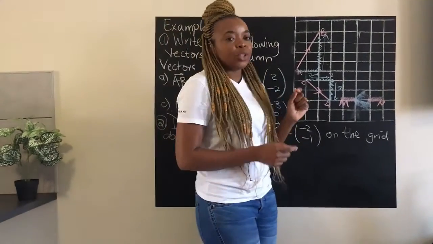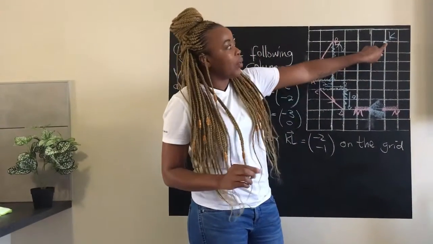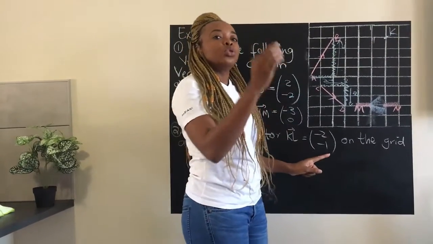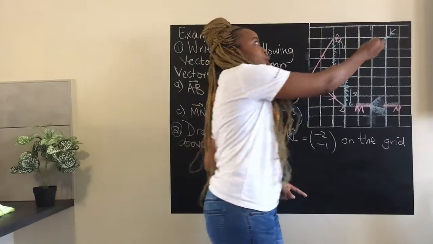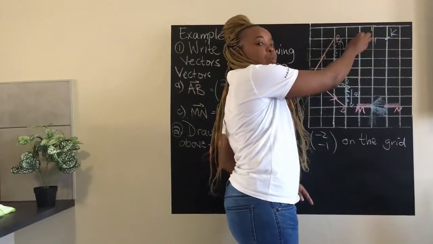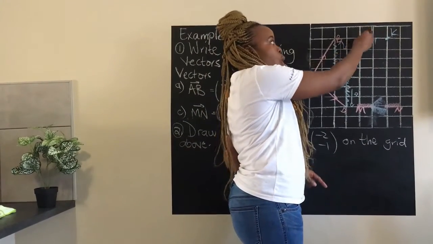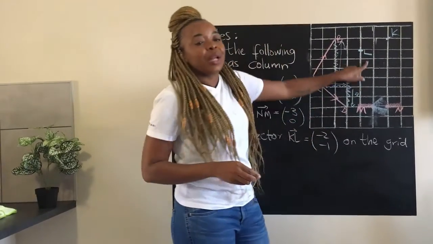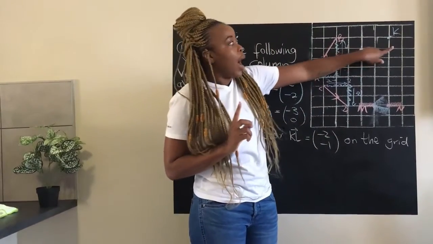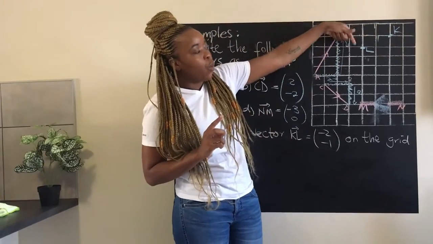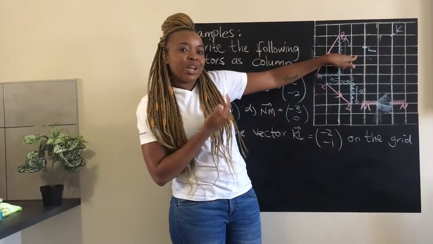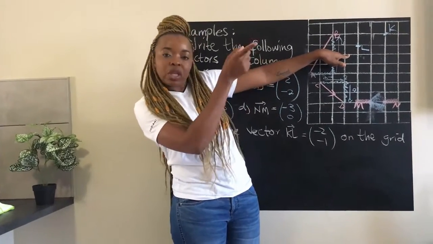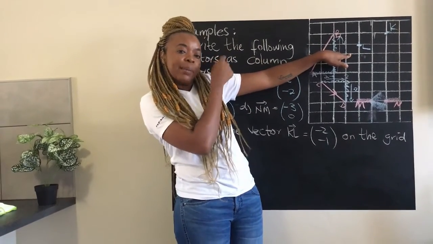So you go to a certain point, we call it K. Then you move 2 blocks to the left, and then I go 1 block down, and then I label that point L. So what did I do? I went 2 blocks to the left, 1 block down. Why did I go to the left? Because the direction is negative, and for a negative direction, for the top number I go to the left, and for the bottom number I go down.